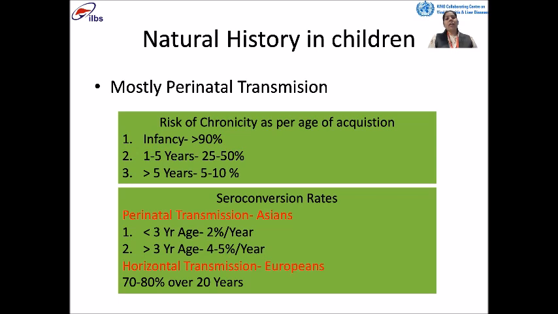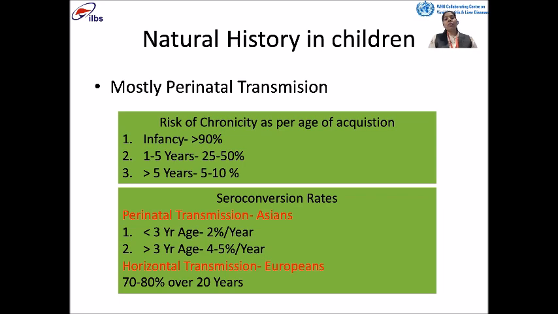If an infant gets infected with this virus, 90% will have the infection throughout their lifetime. In the case of 1 to 5 years, there is a 25 to 50% chance, so 25 to 50% of infections will persist.